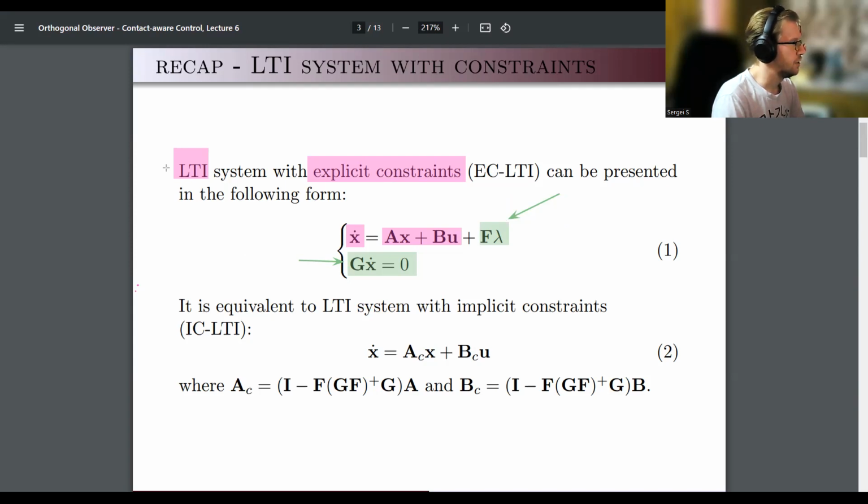Of course, what we often care about is rather an implicit LTI with implicit constraints, which looks like this. And how is this built? Well, this is built by taking the explicit system, substituting basically this part into here, then expressing lambda, then substituting the expression for lambda into the first equation, and that is how you get this thing.